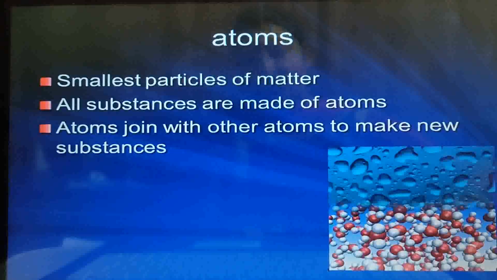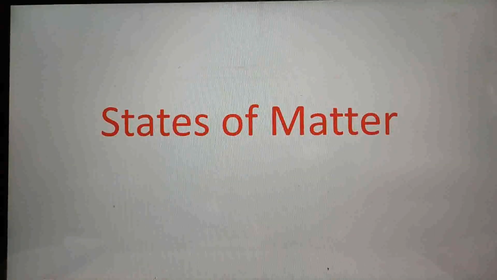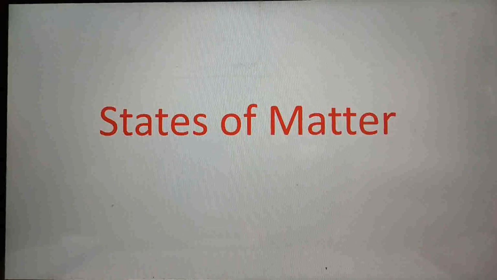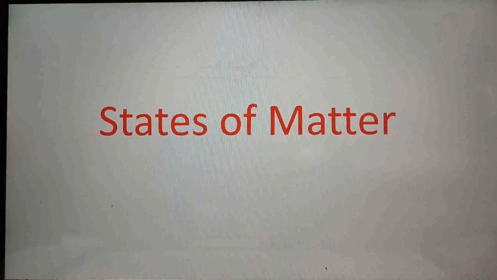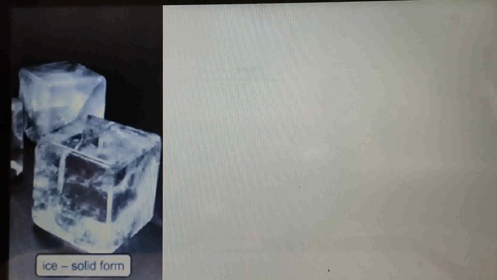Right? Now, next come to the states of matter. In which form can we find matter? To explain the different states of matter, I will take an example of water. Children, what is ice? Tell me. Yes, ice is frozen water, isn't it? And that frozen water that we call ice is a solid form, right?